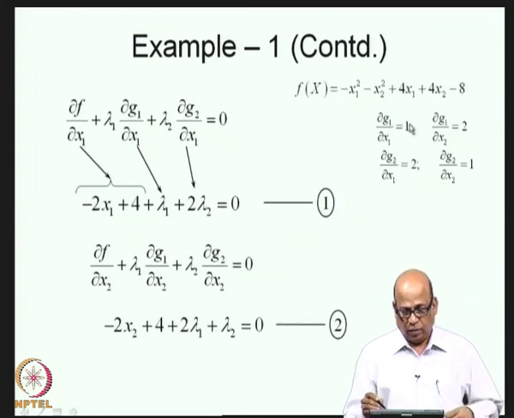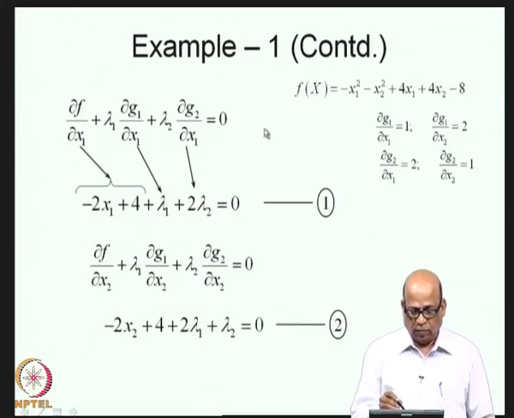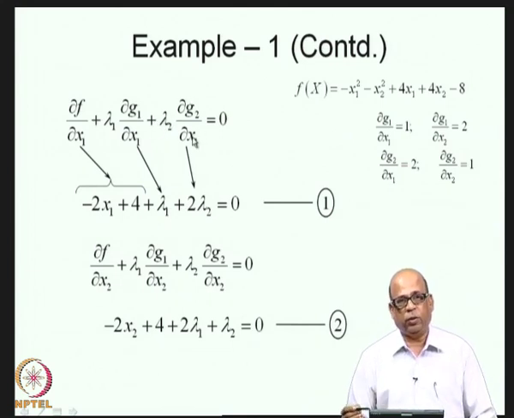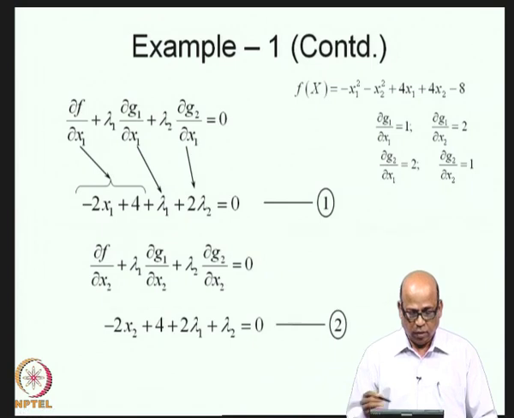So, these are the values that you obtain. Now, we start applying the Kuhn-Tucker conditions. So, the first condition with respect to i equal to 1, df/dx_1 plus lambda_1 dg_1/dx_1 plus lambda_2 dg_2/dx_1 is equal to 0. So, df/dx_1, my f(x) is here. Therefore, df/dx_1 will be minus 2 x_1 plus 4.